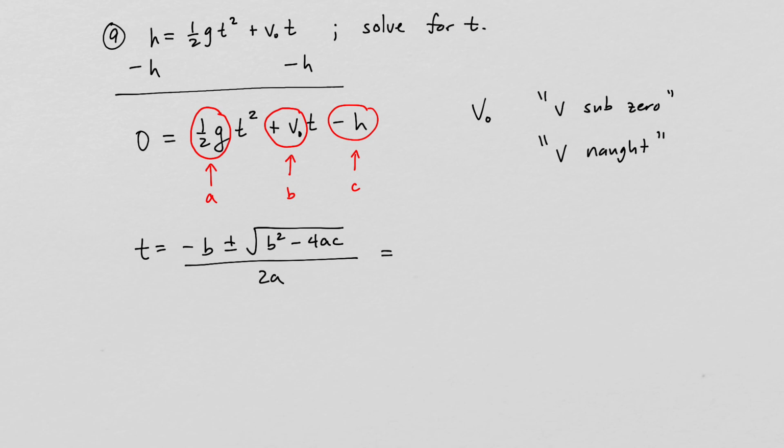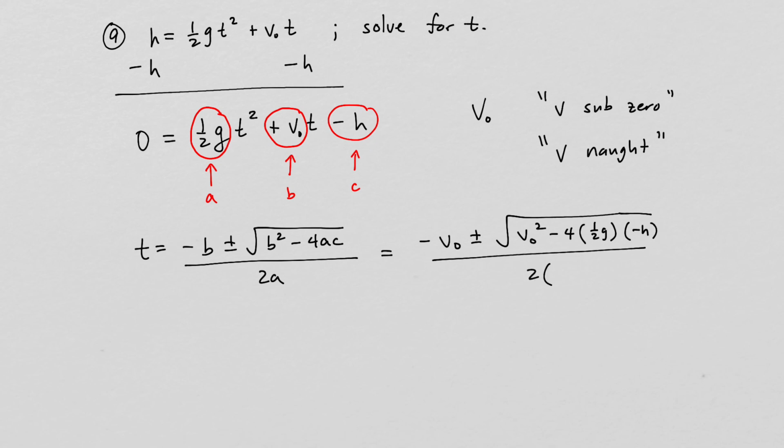And if we plug that in, we're going to get negative v naught plus or minus the square root of v naught squared minus 4 times 1/2 g times negative h, all divided by 2 times 1/2 g.